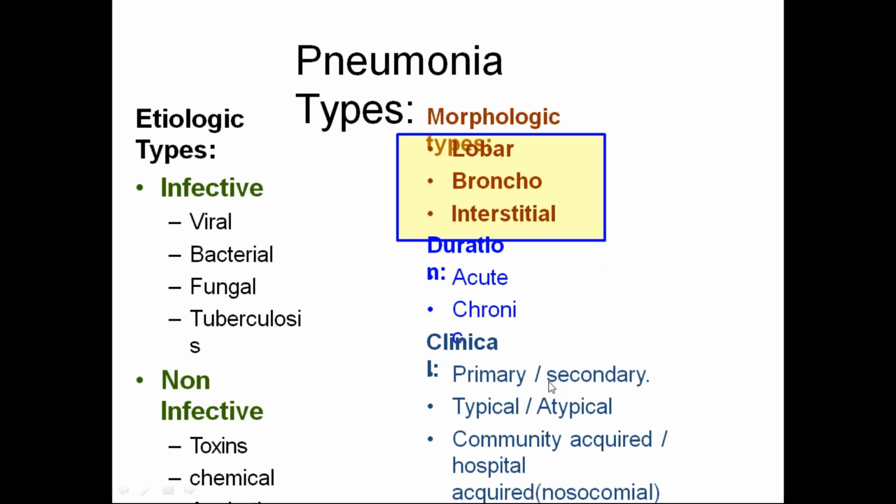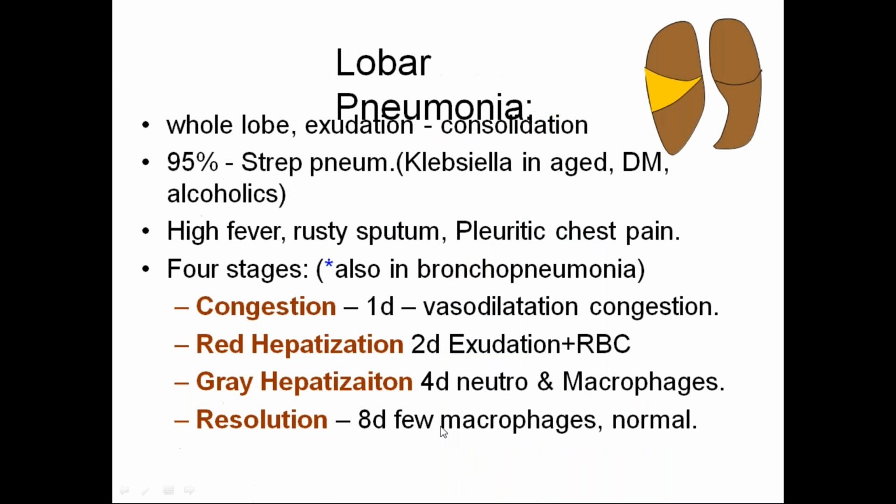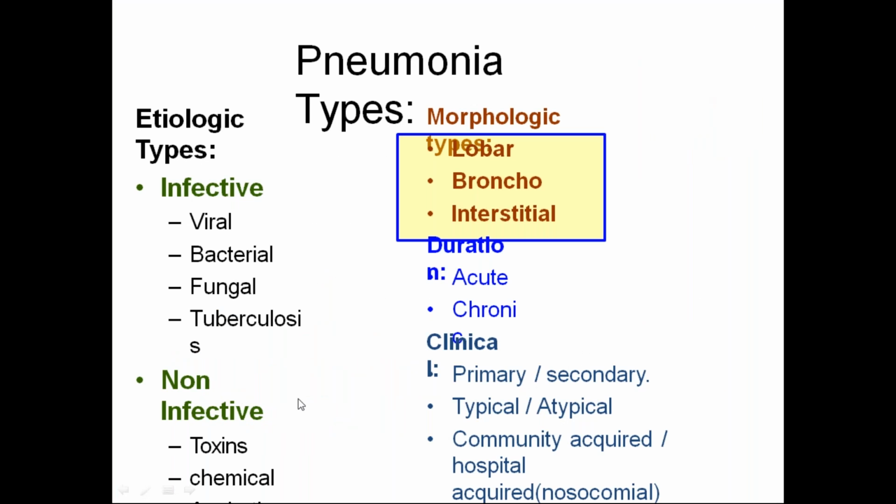Coming to the types of pneumonia, there are various types. Etiologic types are infective and non-infective. Infective includes viral, bacterial, fungal, and tuberculosis; non-infective includes toxins and chemicals. Morphologic types are lobar pneumonia, bronchopneumonia, and interstitial pneumonia.